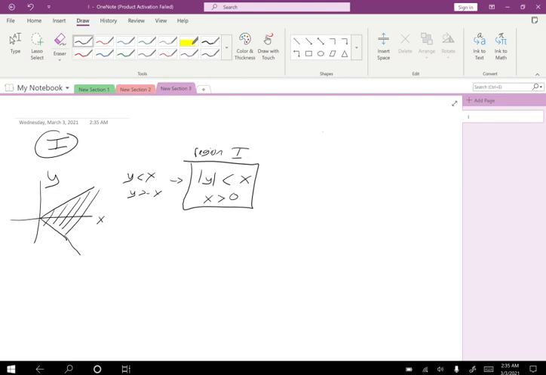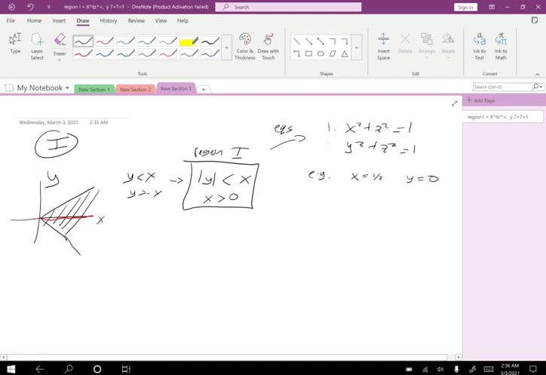And so if we go back to the equations, x squared plus z squared and y squared plus z squared, what actually happens here is only one of these equations will be our surface because, for example, if we do x equals 1/2 and y equals 0, so if we look at all these points, then it turns out the first one corresponds to 1/2 squared plus z squared equals 1, whereas the second one corresponds to 0 squared plus z squared equals 1.